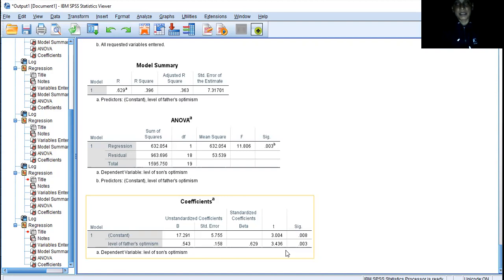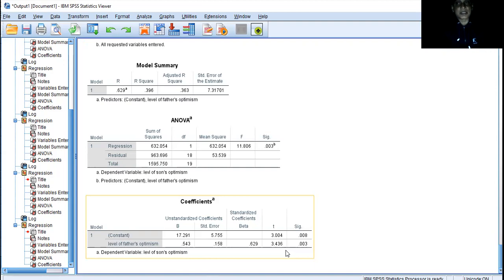And it was found that there's a significant relationship, or significant level of prediction, of father's level of optimism on son's level of optimism, t(18) is equal to 3.436, p is less than 0.05, and effect size or R square is equal to 0.396.